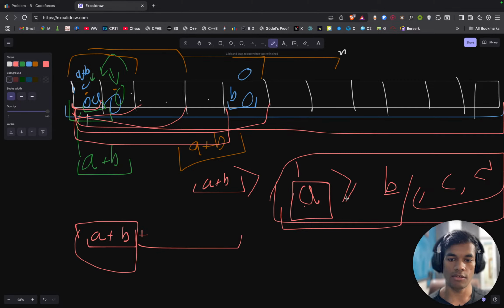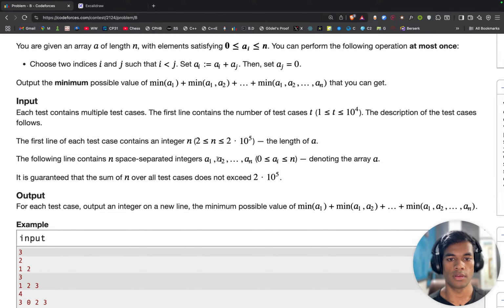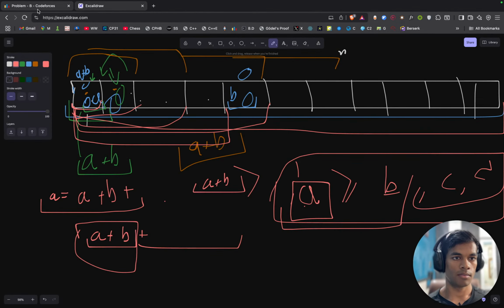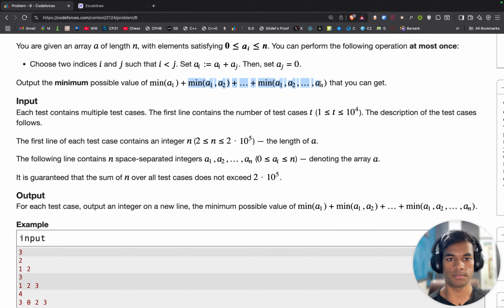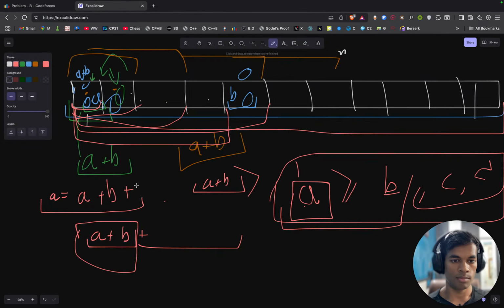So when a is greater than or equal to b, I should perform the operation and a would become equal to a plus b, and then taking the minimum of any set of elements which include the second element, the minimum would be 0.